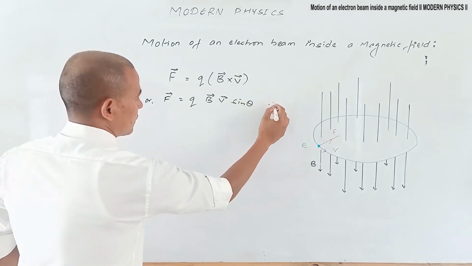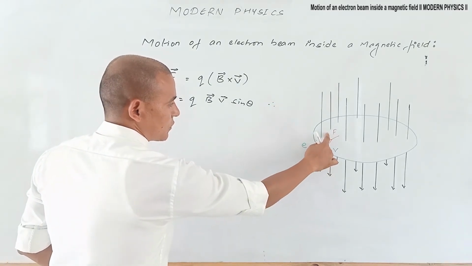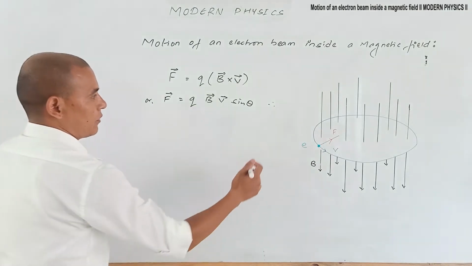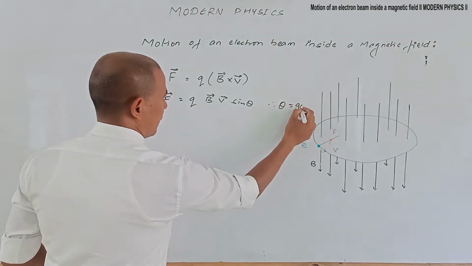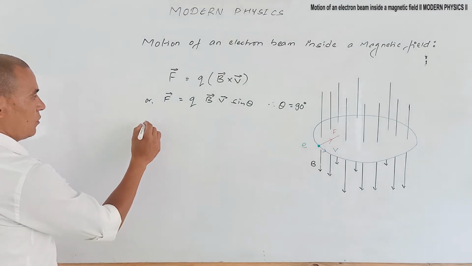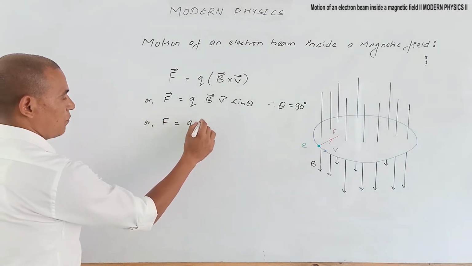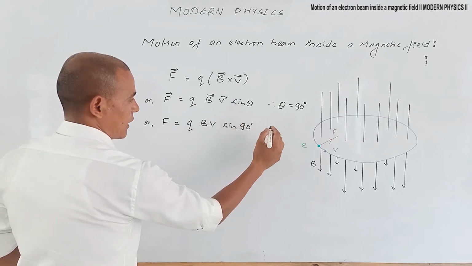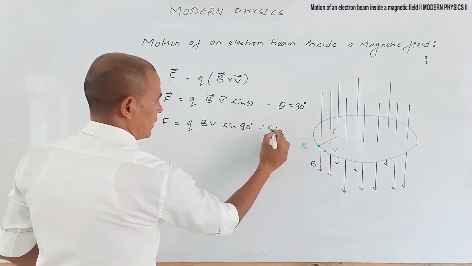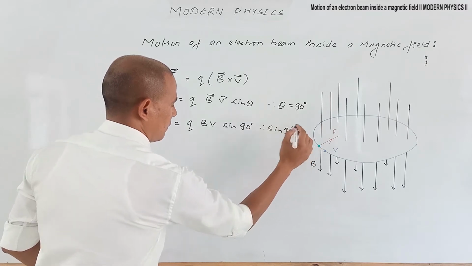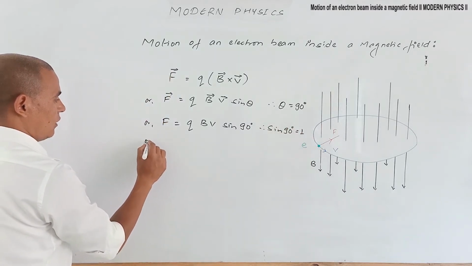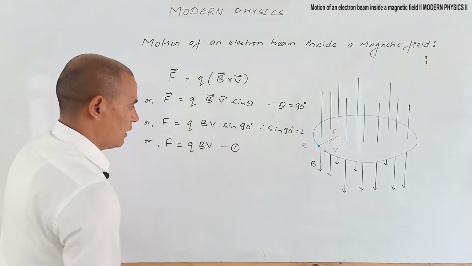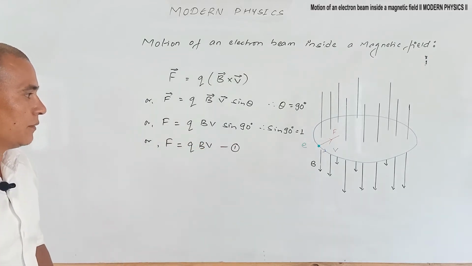Since force, velocity and magnetic field are perpendicular to each other, theta will be 90 degrees. So F equals q B v sin 90 degrees, and as we know sin 90 degrees equals 1, so F equals q B v. Let me write this as equation 1.